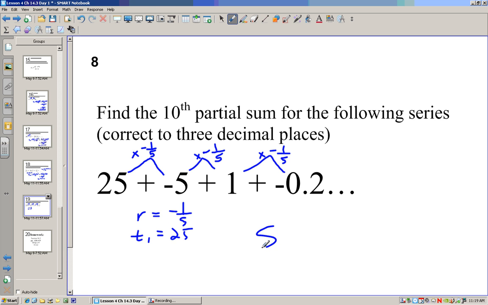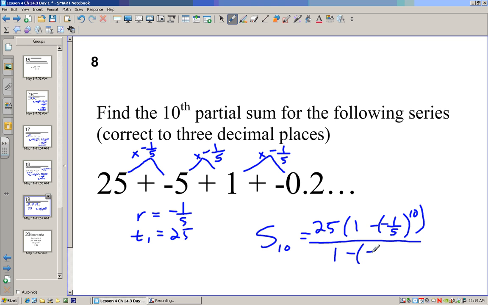So if I want to find the sum of the first 10 terms, I take t sub 1, which is 25, times 1 minus my r, which is negative 1/5, to the n, which is 10th power. Divide this all by 1 minus negative 1/5.